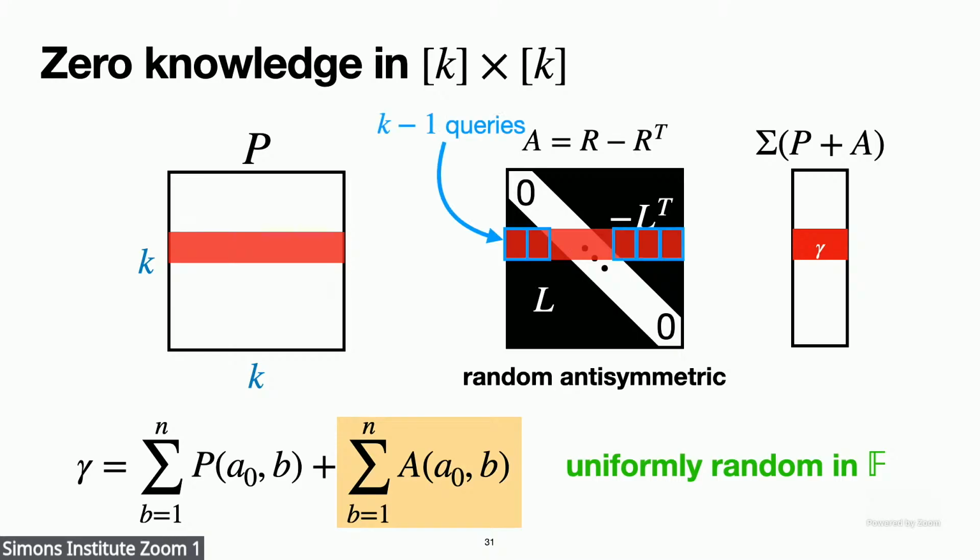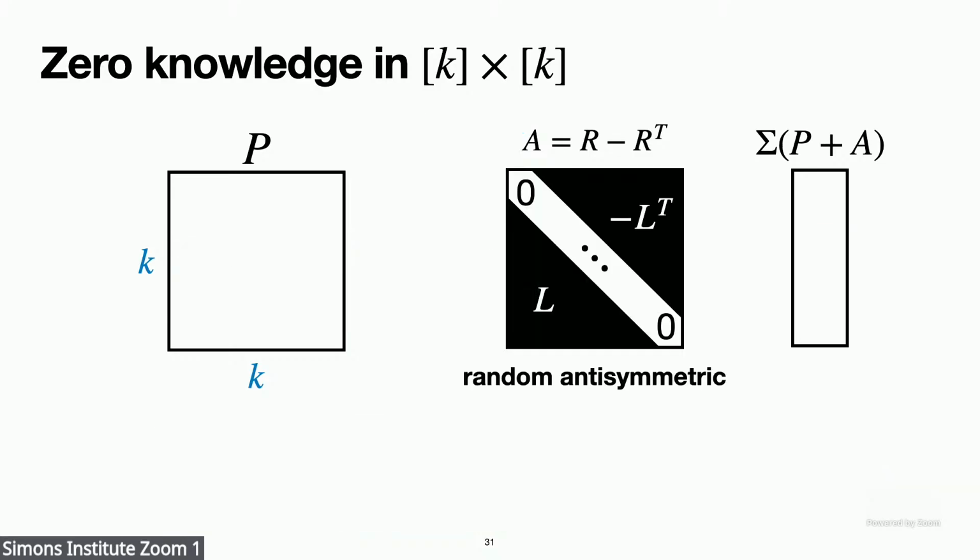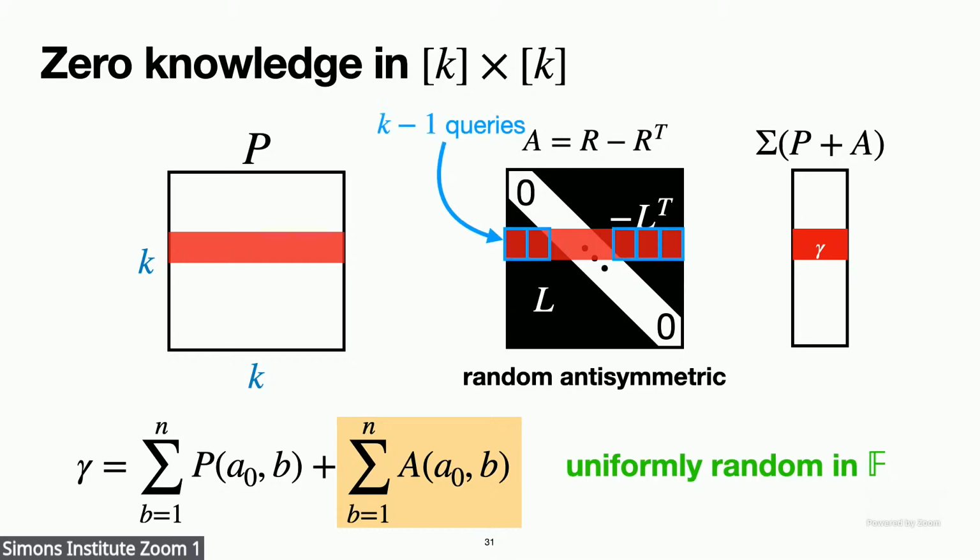In particular, if I wanted to figure out from this gamma what this sum over p is, then I need to subtract off everything in here. That means I need to make k minus 1 queries. This one I know is 0, and I need to subtract off everything else in this row.